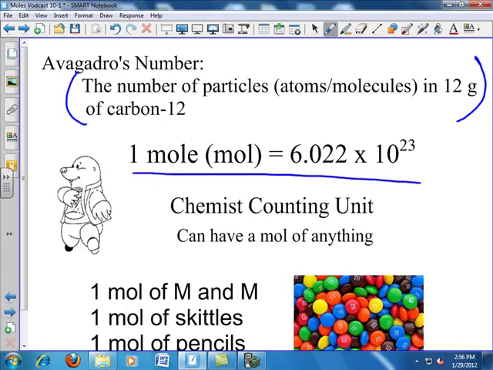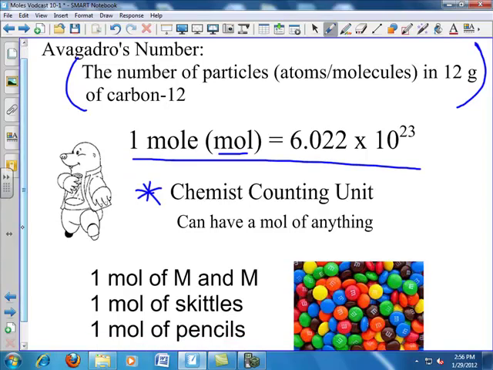Avogadro's number we also refer to as a mole. And 1 mole, which we will write as MOL, is equal to 6.022 times 10 to the 23rd. This is a number you have seen before. This particular number is the chemist's counting unit. Now, you can have a mole of just about anything.